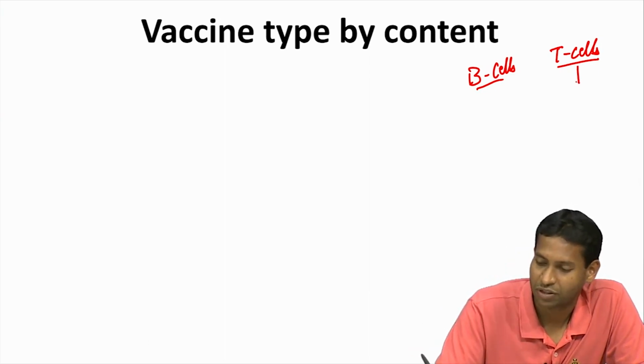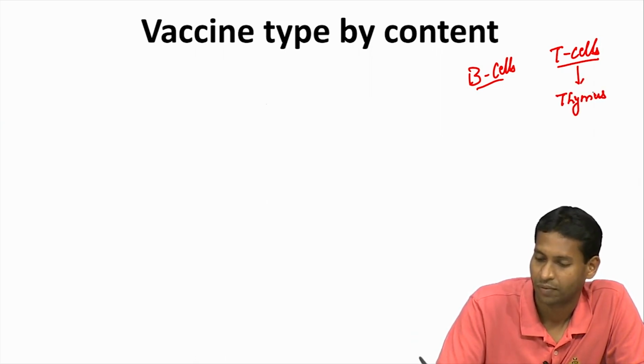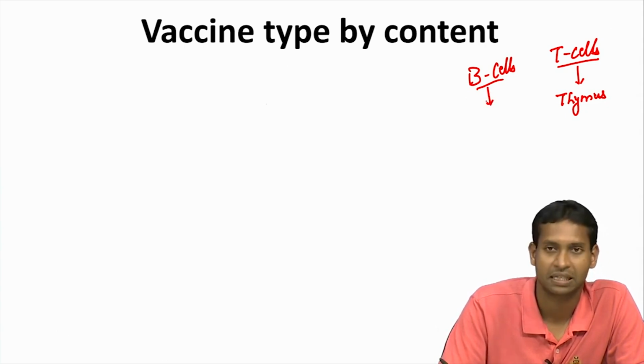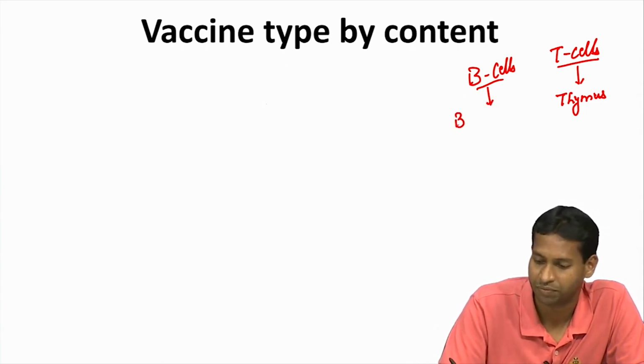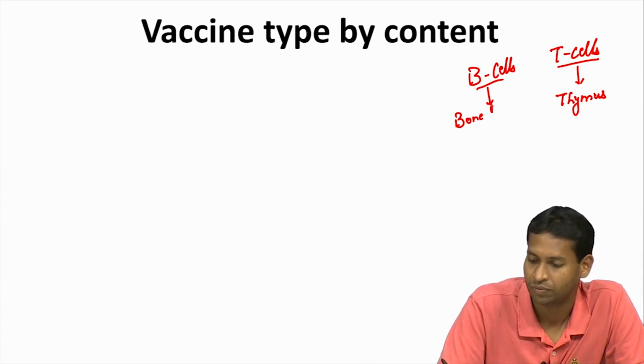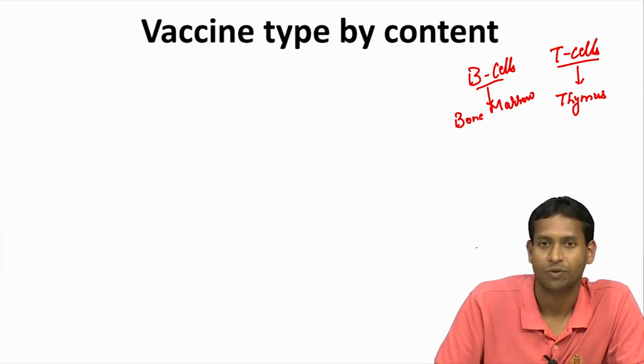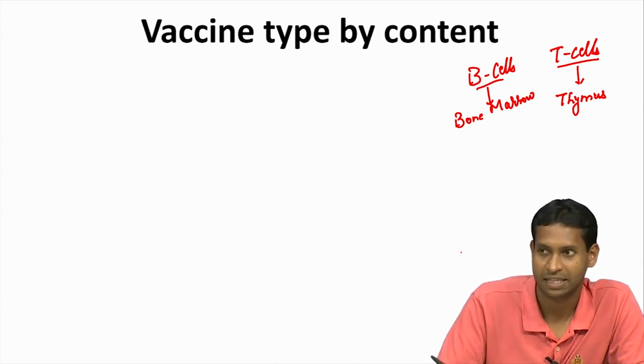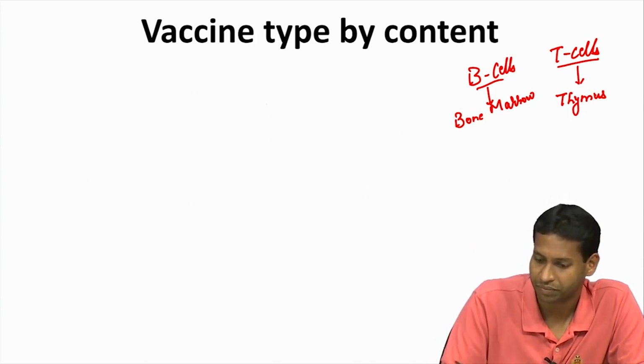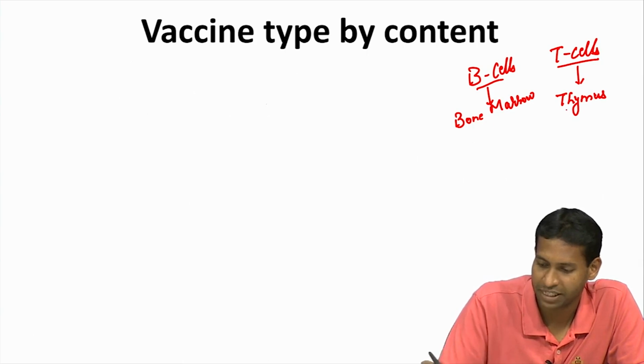So, T cells are of course generated in thymus, and B cells are generated in the bone marrow. And so, what it is it has several mutations that happen.